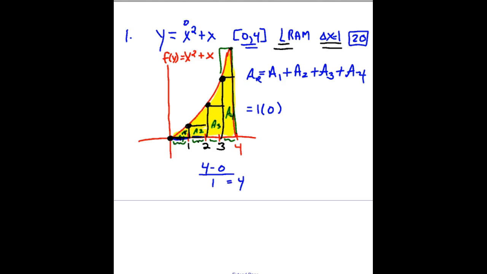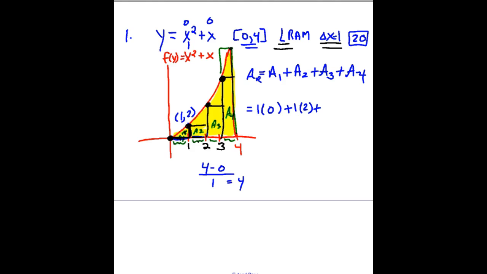If you put in a 0 here, I'm up at 0. That's this dot right here. The height of my next rectangle is at f of 1. So I'm going to have 1 times f of 1. Where is that? It's 1 squared plus 1, which is 2. So that's the point (1, 2).